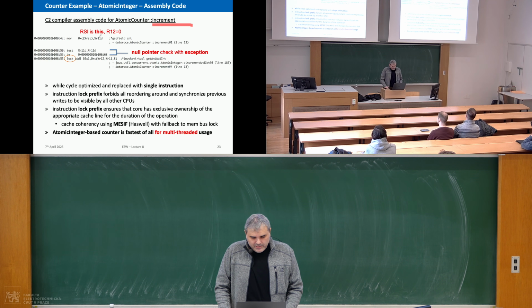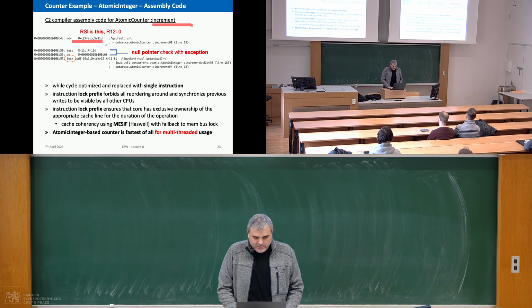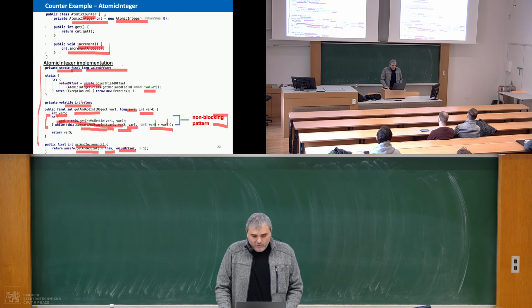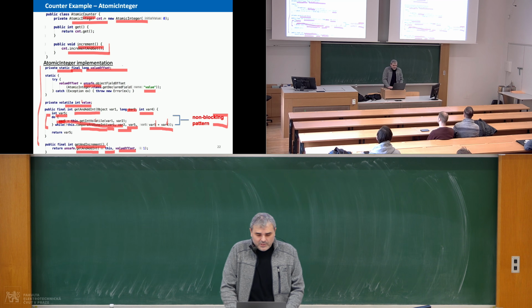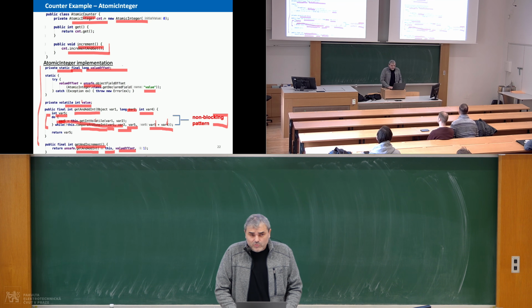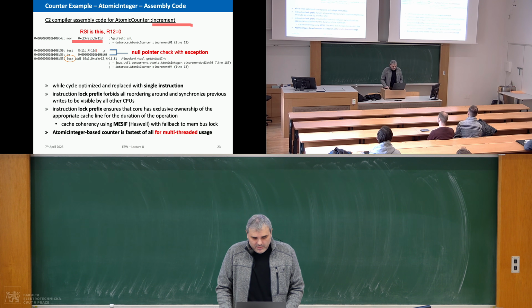And what you can see here is that it first gets the current value here. That's not the value, that's the reference, because it's then used for testing whether it's null, because Java always throws a null pointer exception if you are accessing something which is not pointing to a real object. So that's the test here. If it is null, it throws a null pointer exception.